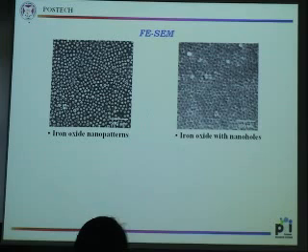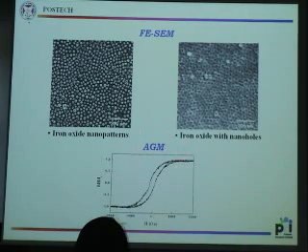So we measured the magnetic properties of these films by using an alternating gradient magnetometer, and with this pattern, we get a typical ferromagnetic behavior. So that's good. I mean, this could be applicable for high density storage media because it's more than 500 gigabit per inch square.